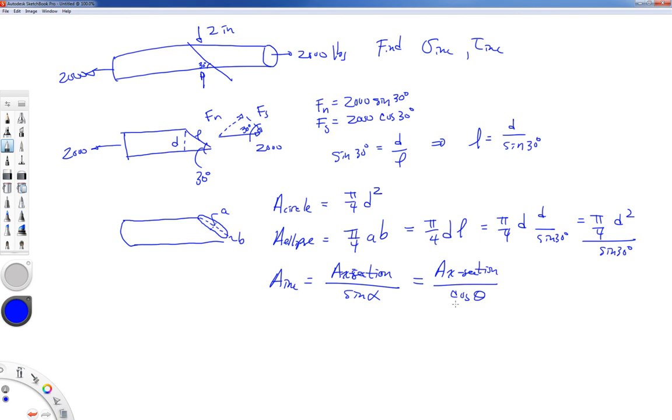Okay, so there's another example, and then to find the normal stresses and shearing stresses on the inclined plane, the normal stress on the inclined plane would be Fn divided by the area of the inclined plane. In this case, 2,000 sine 30 degrees divided by pi over 4, 2 divided by the sine of 30 degrees.